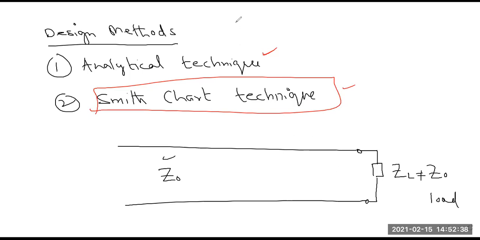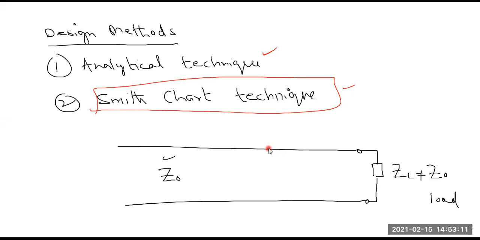As you move along this transmission line from the load, of course, there will be a source or generator connected to the left side of this transmission line. At each and every point of this transmission line, impedance will be changing. We already know from our impedance equation that at each point, impedance is going to change.